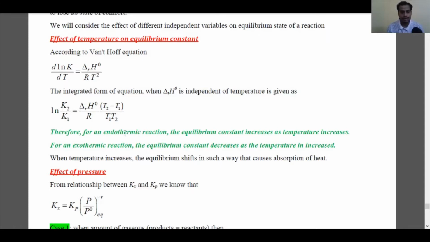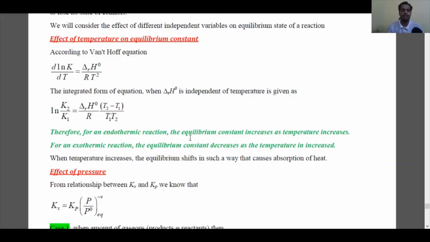I can say for an endothermic reaction, when I increase the temperature, the equilibrium constant also increases. What does that mean? The reaction is going towards product formation, towards the right hand side, and more and more products are forming.